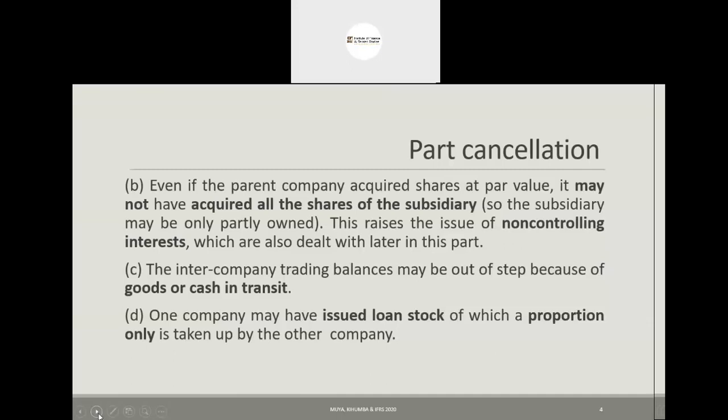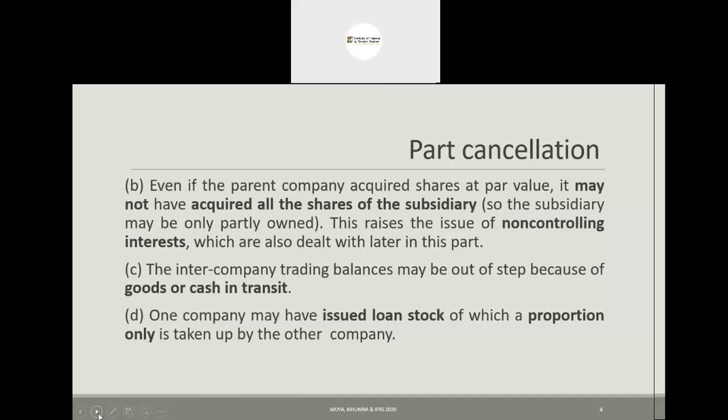We may have some intra-group trading within the group. For instance, a subsidiary may sell goods on credit to the parent company. The parent company would then be a receivable in the account of the subsidiary, while the subsidiary company would be a payable in the account of the parent.